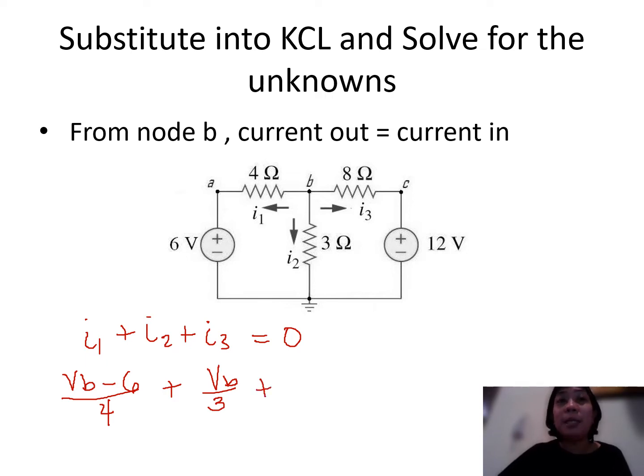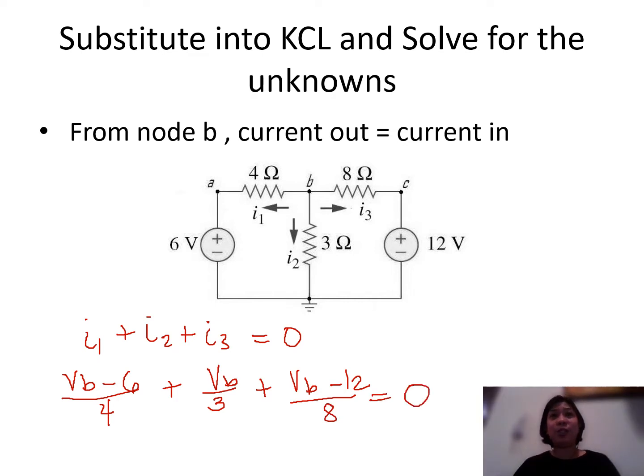So this is plus VB minus 12 all over 8 is equal to 0. So what do we have here, class? We have here one equation with one unknown, and our one unknown is your VB.